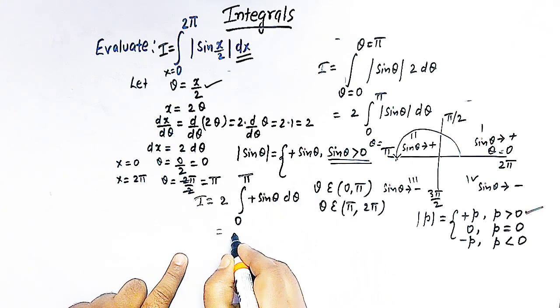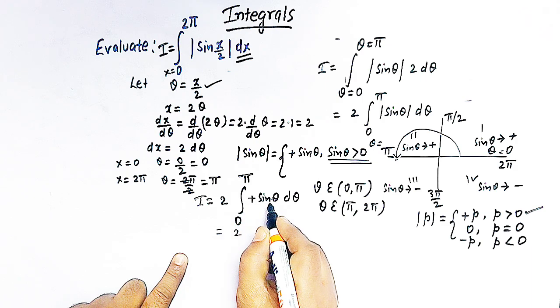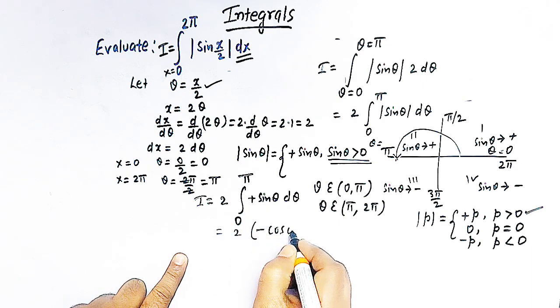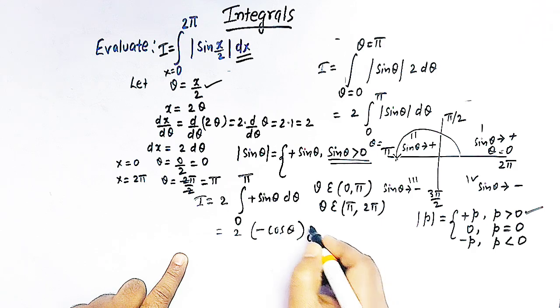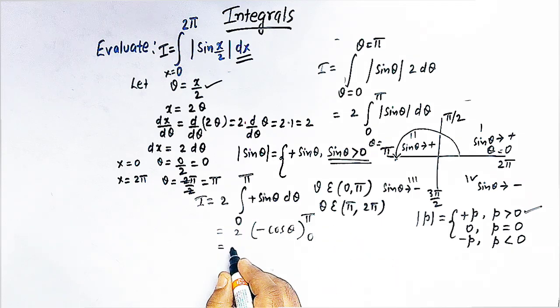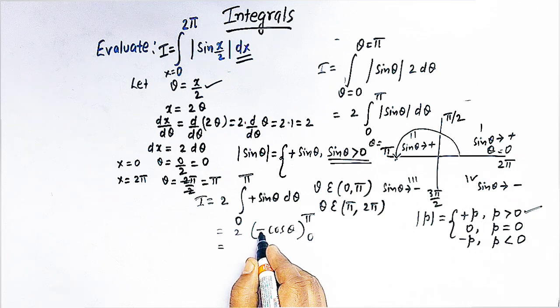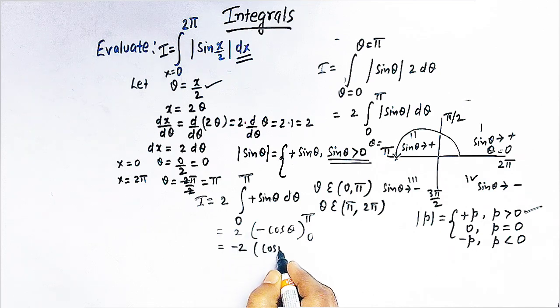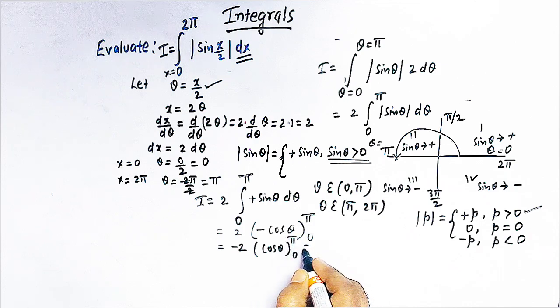So now the integral of sine theta is simply minus cos theta, and the limits of integration are from 0 to pi. So now we can take this negative sign outside, so we have minus 2 times cos theta, with limits from 0 to pi.